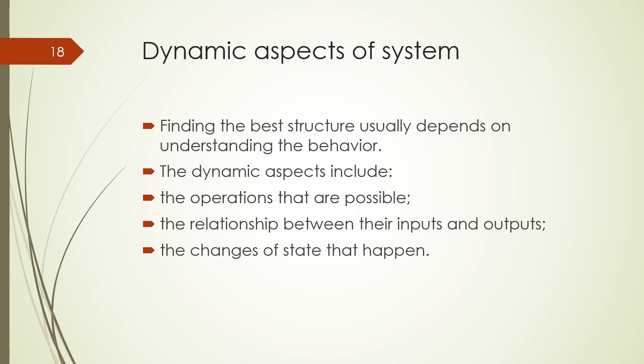Students, operations or functionalities in a software describe the dynamic aspect of a system, and finding the best structure of a software usually depends on understanding the behavior. Operations of a software are applied on a state of a system, and the relationship between the input states and output states of operations actually represents the dynamic aspect of a system.